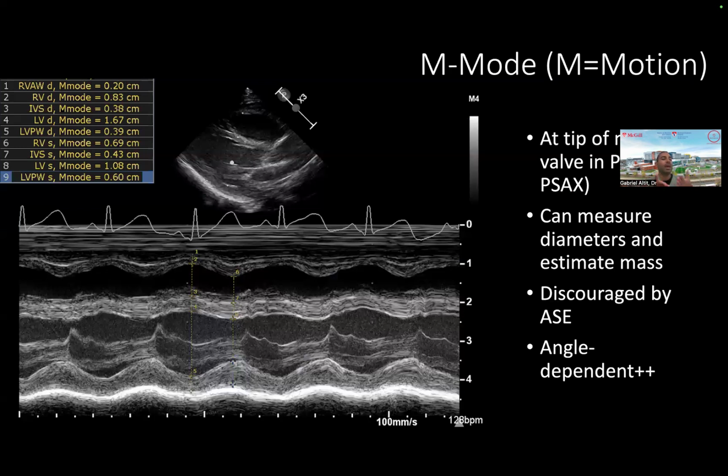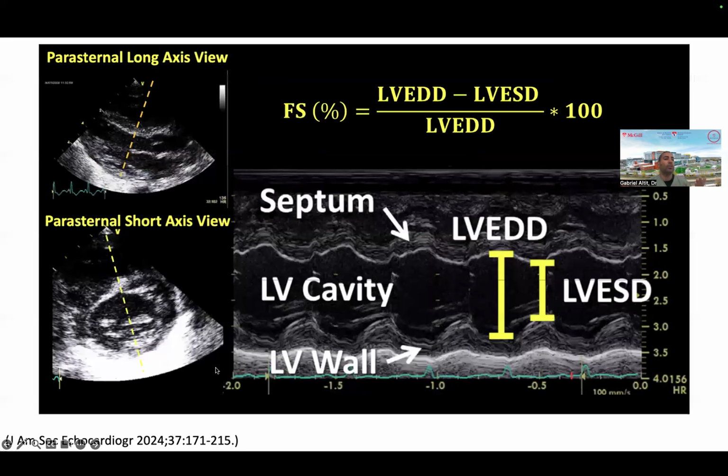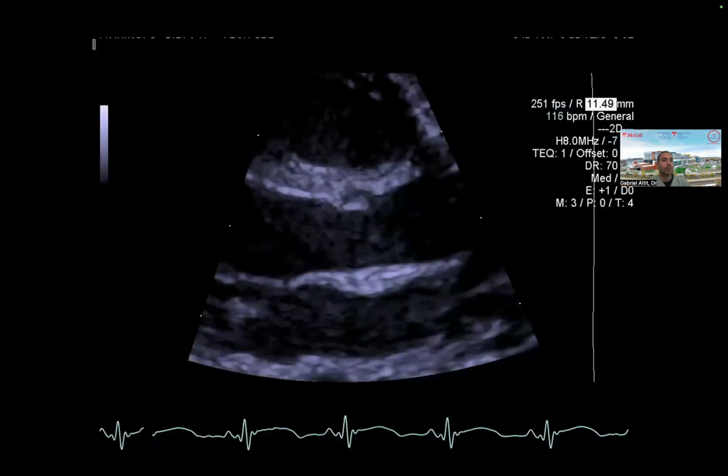So you get much more temporal information, and you're able to track very accurately the motion of these walls, compared to 2D, where by definition you lose temporal resolution because you don't get as much frame rate. Does that make sense?